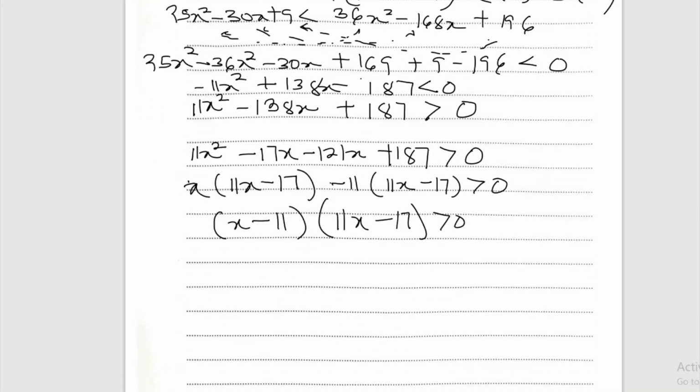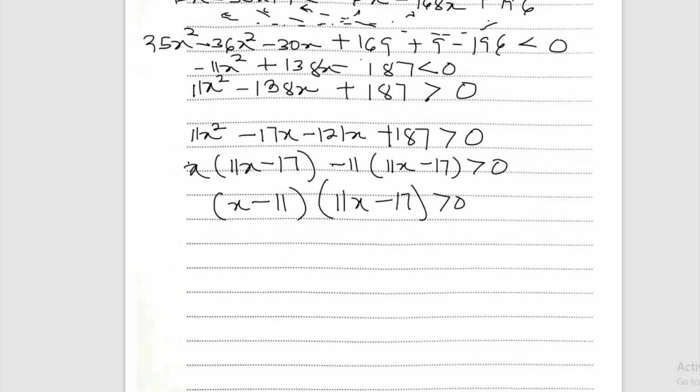So what you do is this: without the inequality sign, x will be 11 or x will be 17 over 11. You note that 11 is the larger value, 17 over 11 is the smaller value.